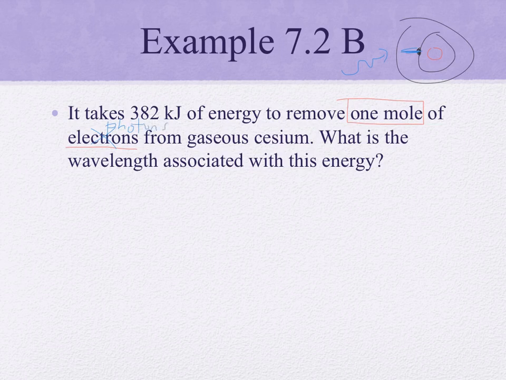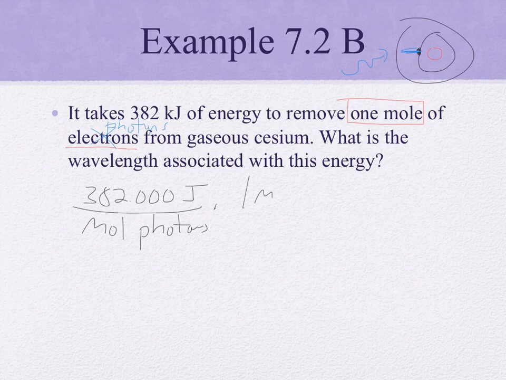So 382 kilojoules of energy. Let's get that back into joules. We have 382,000 joules per mole of electrons or photons, whichever one, because they're equal.